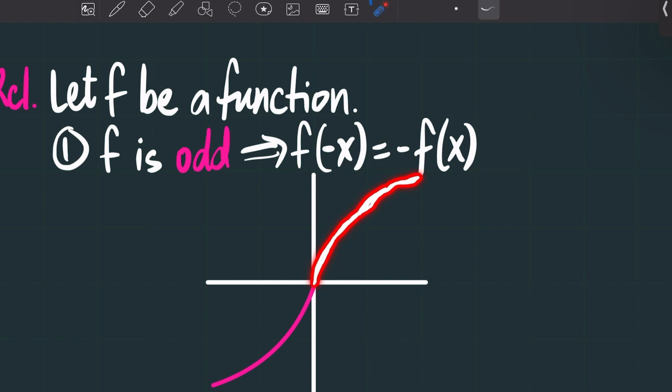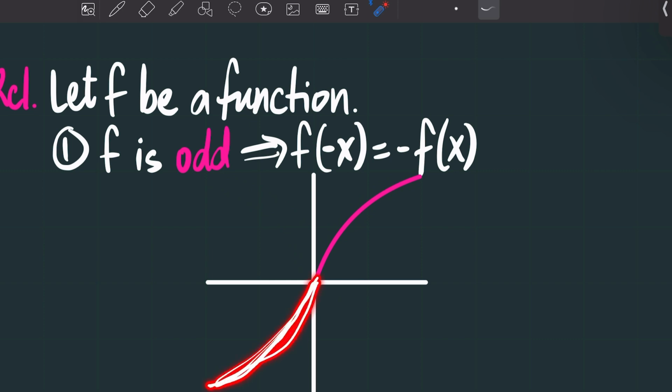If i-reflect mo siya to the left, para makita yung mga values of f of negative x, magmumukha siyang ganito. However, we said na f of negative x equals negative of f of x. So, this one, i-reflect natin pababa. That's why we get this graph here.